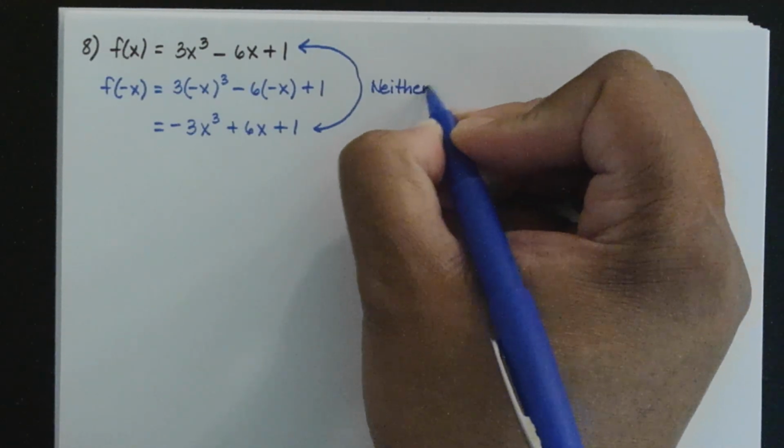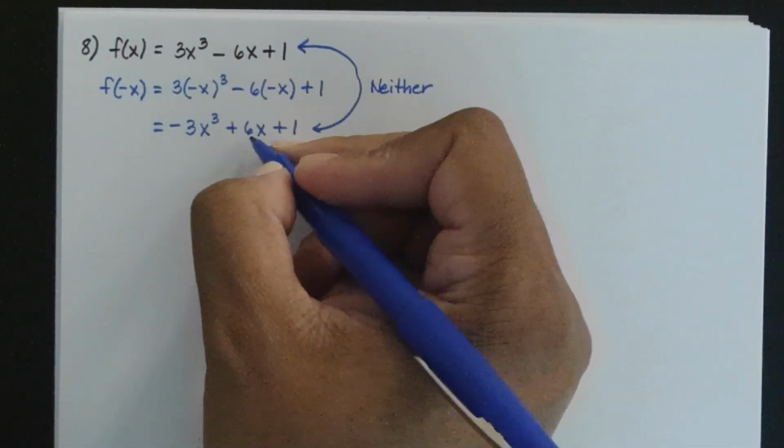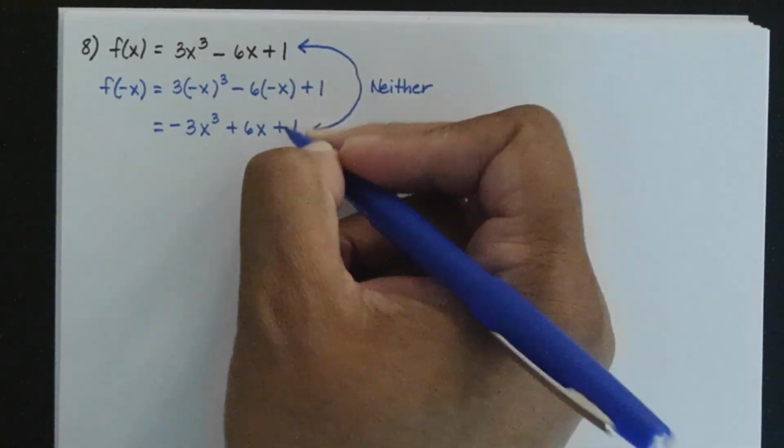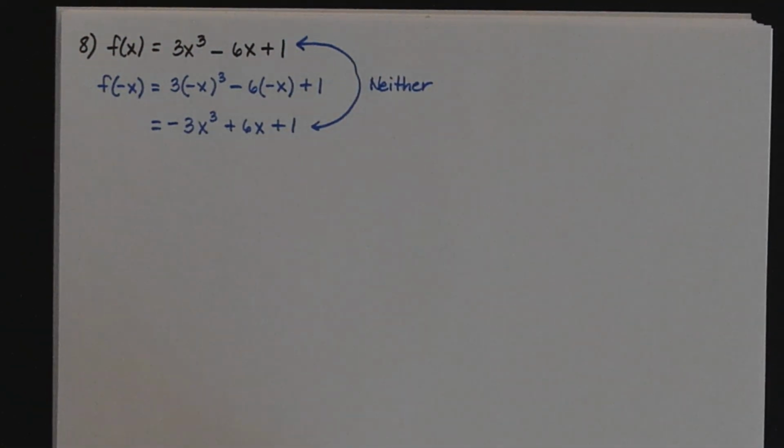Only the first and the second term change to the opposite sign, but the third term, that plus 1, remains the same. Every single term must change to the opposite sign in order for it to be odd. And it's not even because we didn't get the original function that we started off with. So this function is neither odd nor even.